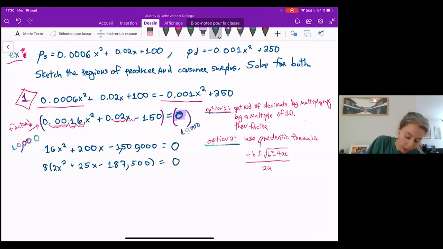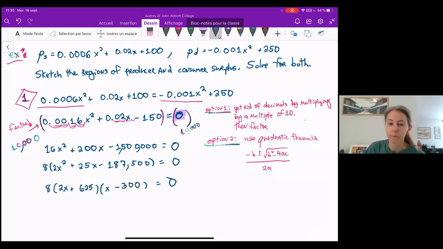Now, I know that this is going to be 8 times 2x and an x here, and I need for these numbers to multiply to give me that 187,500 and for the 25 to work out in the middle. And it turns out that the values that make this happen are 625 and 300.